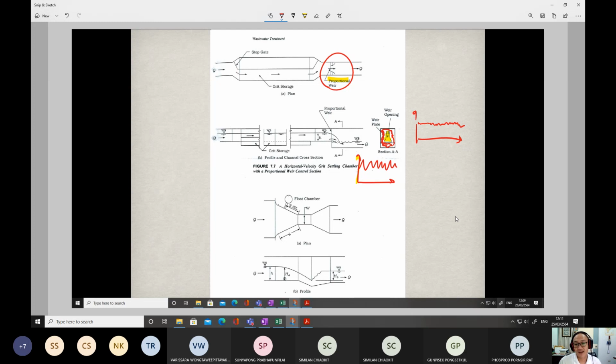If we have storage, it doesn't matter because the storage can regulate the flow. We install the pumps and then we can maintain a constant flow rate when we supply the raw water to the secondary treatment.